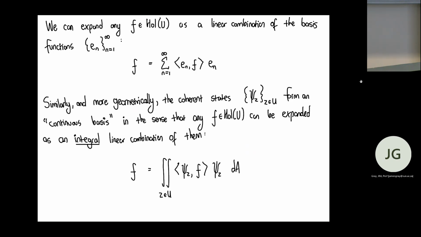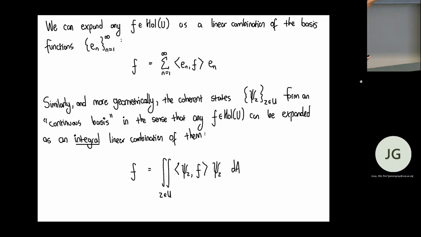So how do we think about these coherent states? We can expand any holomorphic function, obviously, as a linear combination of the basis vectors. That's clear. That's always true. But similarly and more geometrically, the coherent states, you can think of them as forming a continuous basis for the holomorphic functions. Namely, in the sense that any holomorphic function on U can be expanded not as a sum now, but as an integral linear combination of them.